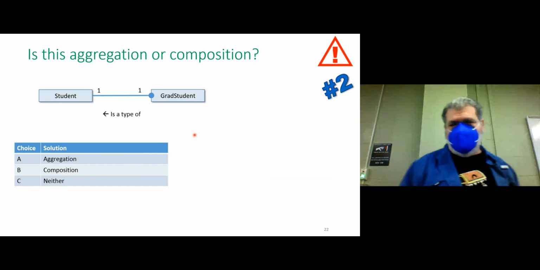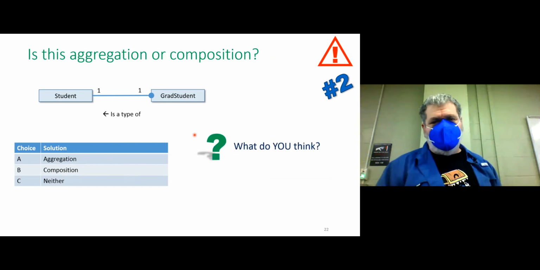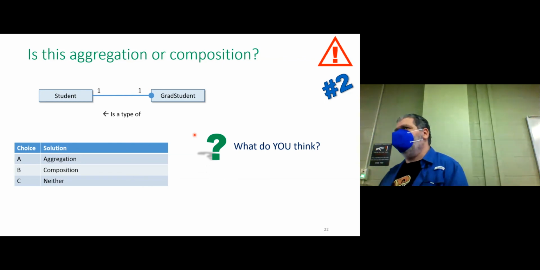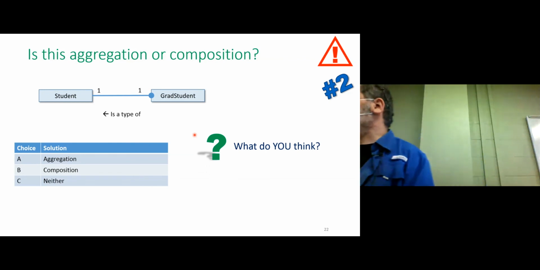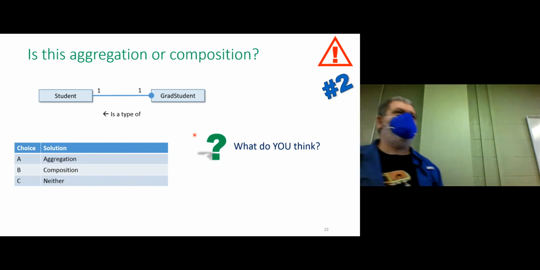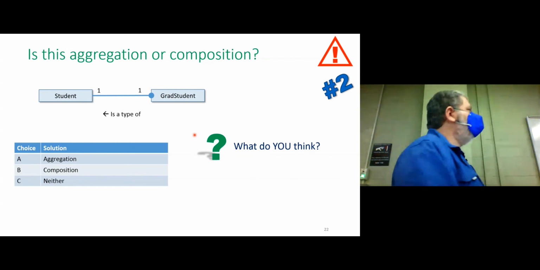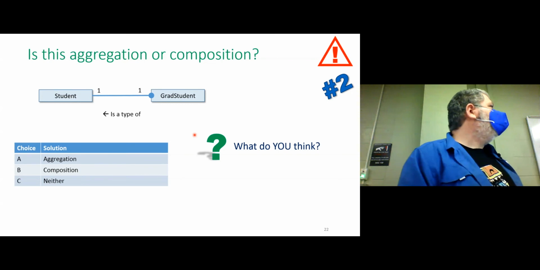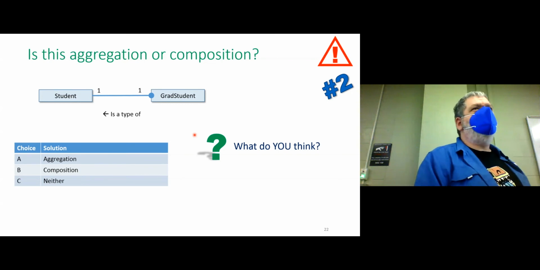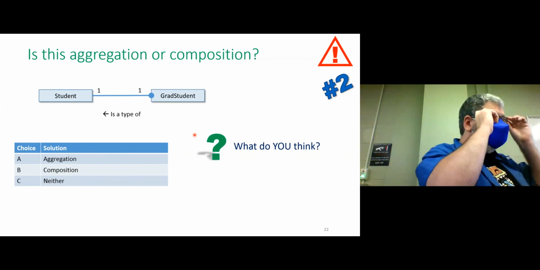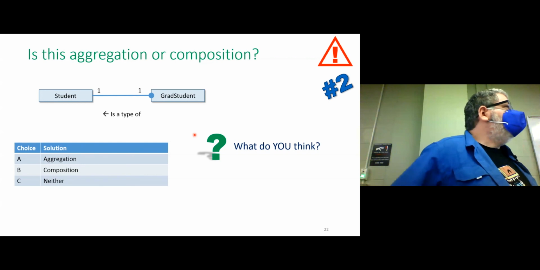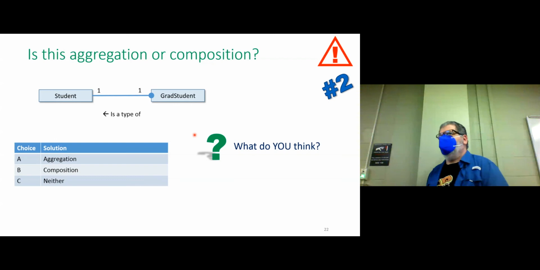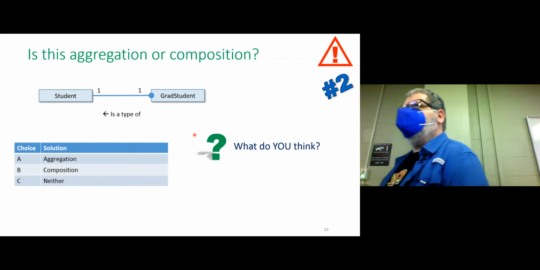For this one, as soon as you figure it out, we're going to do a quick show of hands. So I'm giving you a few seconds to think about it. Once you choose one, think about the justification, okay?